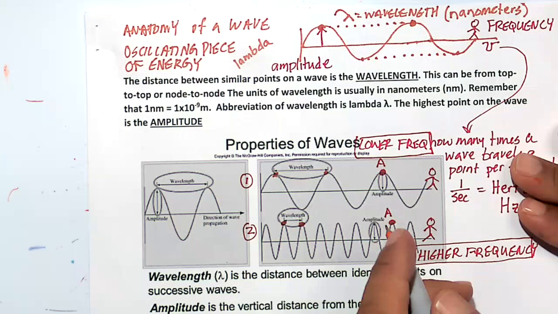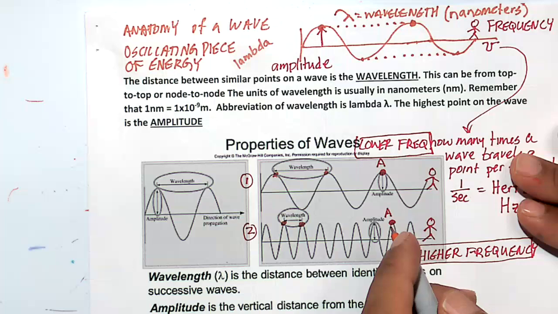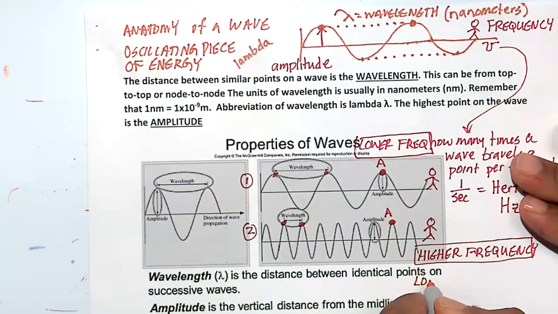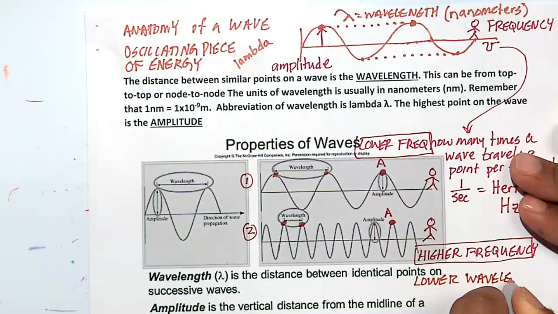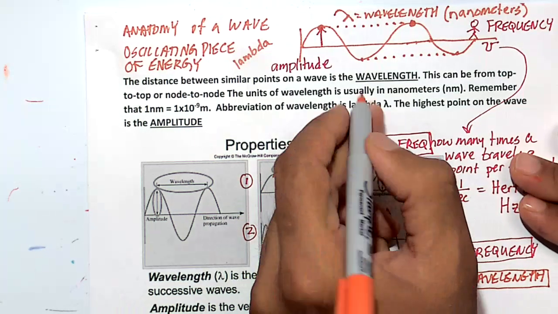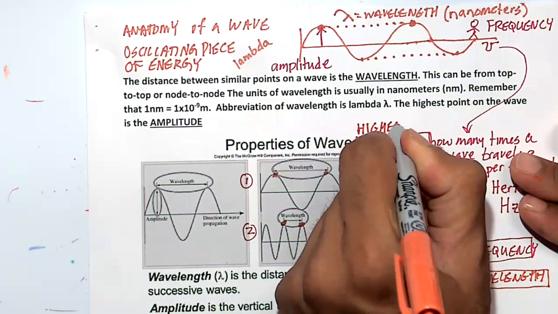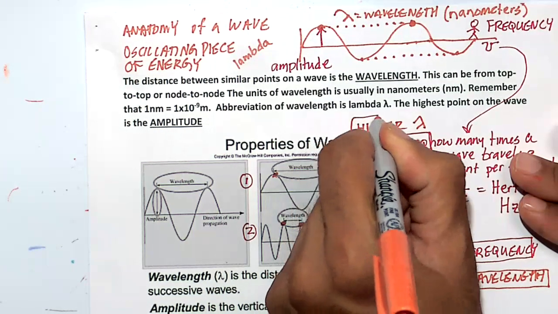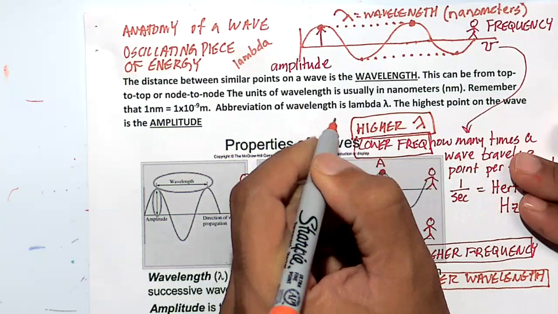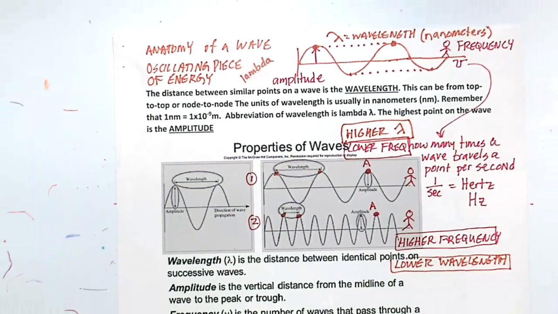Wave 2 has the lower wavelength, right? And wave 1 has the longer, or I should say higher, wavelength. I'll call it lambda. Do we see this?